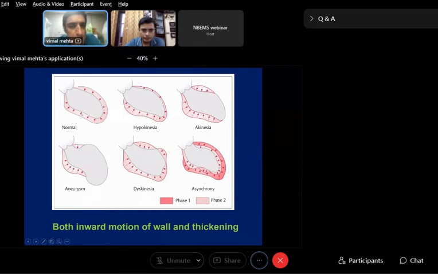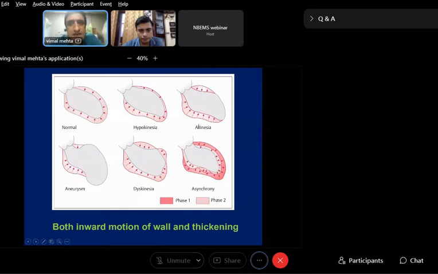So you may miss it if you base it only on the motion of that particular LV segment. So both inward motion as well as thickening have to be observed.